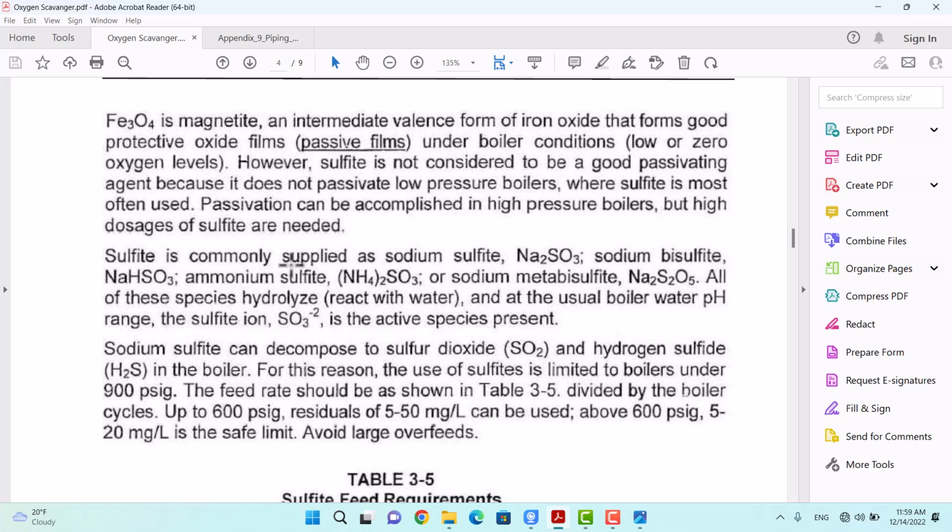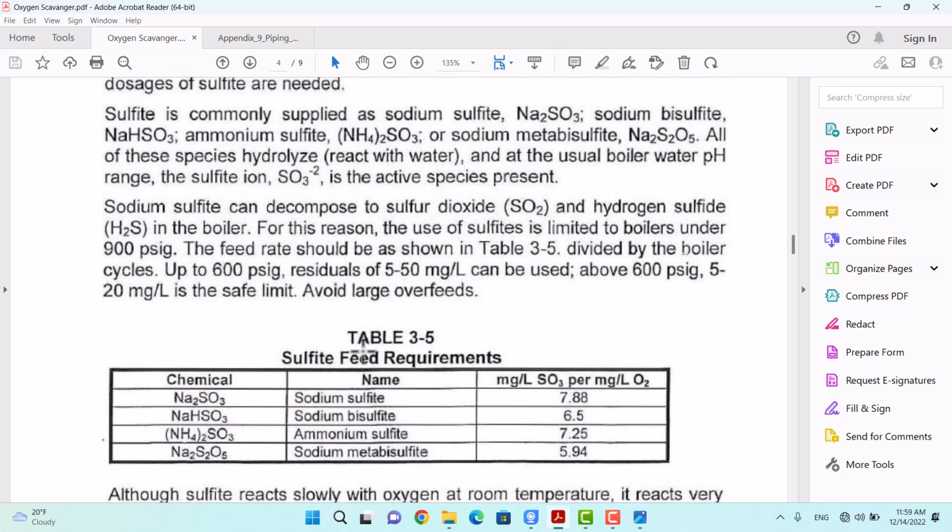Sulfite is commonly supplied as sodium sulfite with this formula, sodium bisulfite with this formula, ammonium sulfite with this formula, or sodium metabisulfite with this formula. All of these species hydrolyze, react with water, and at the usual boiler water pH range, the sulfite ion is the active species present.